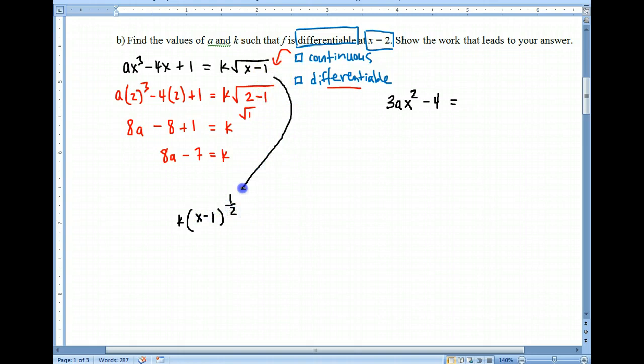I need to do a little bit of side work. Move the half to get one half k times x minus 1 to the negative one half. Just leave it like this because the derivative of the inside function is 1. You could use the chain rule, but it doesn't change anything. Okay? So I want that.